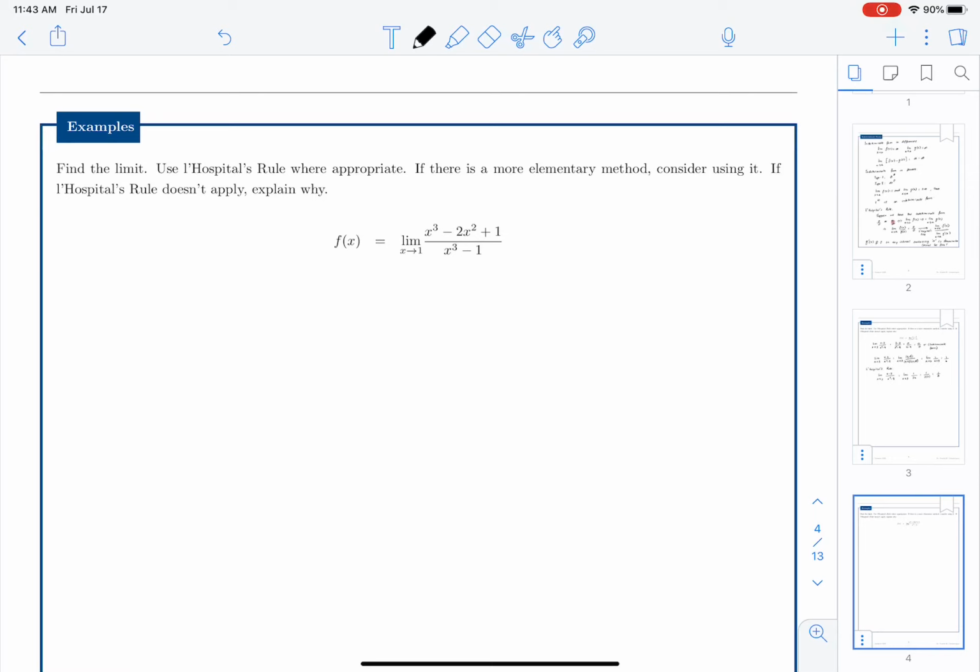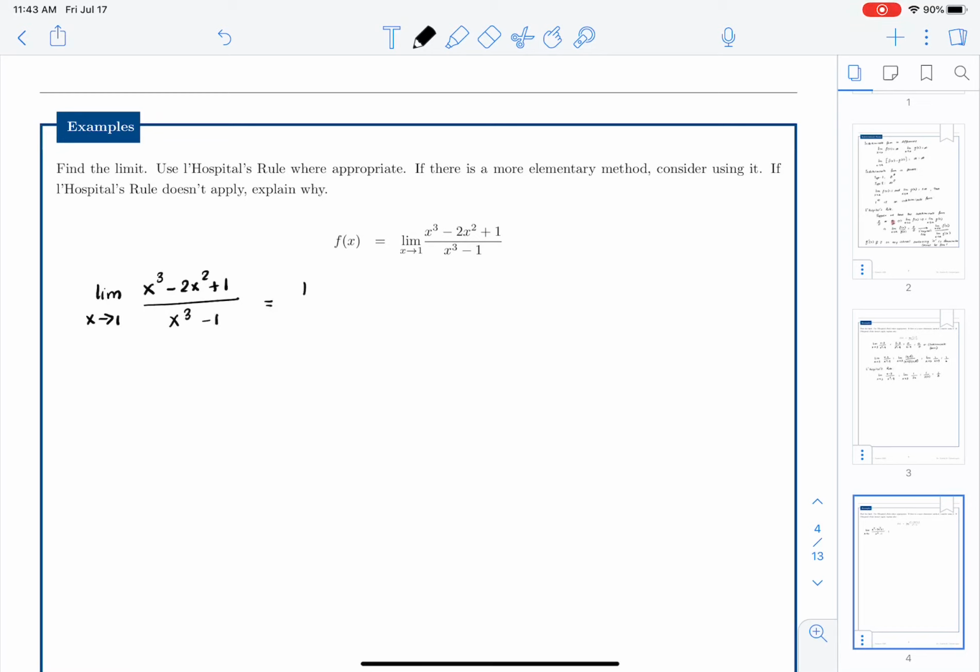This is a similar problem, and we would like to find the limit as x approaches 1. First, let's see if it is an indeterminate form. So limit x approaches 1, x cubed minus 2x squared plus 1 divided by x cubed minus 1.